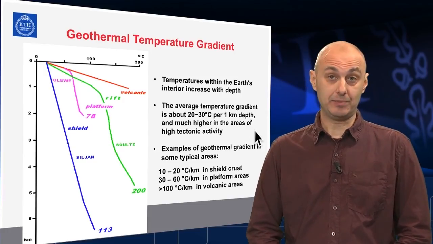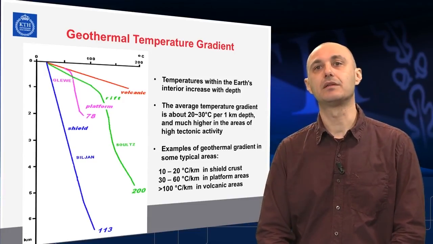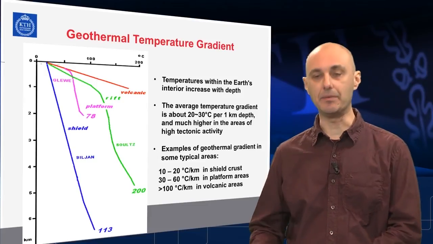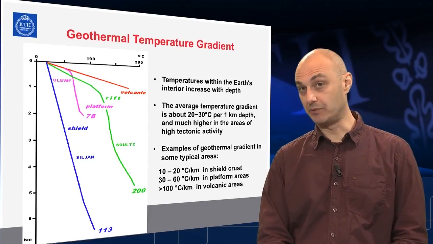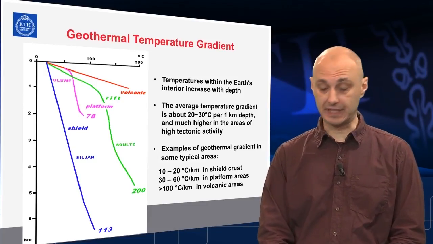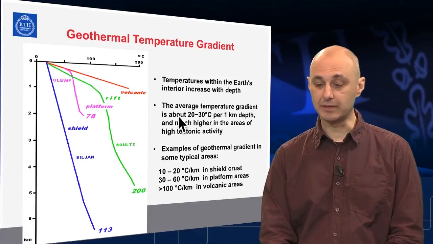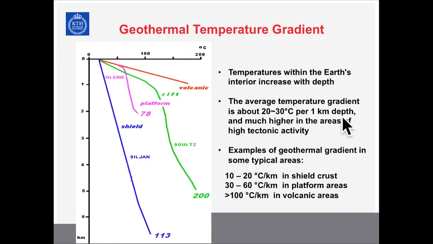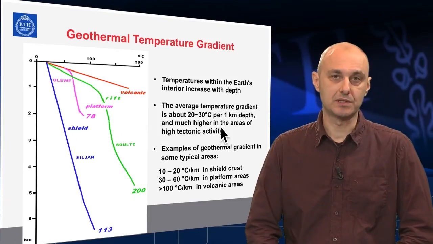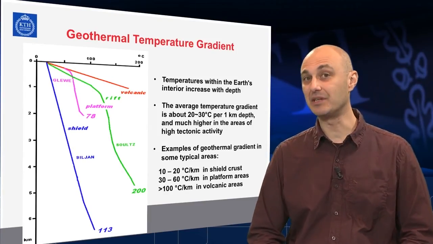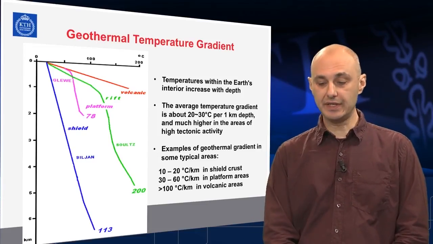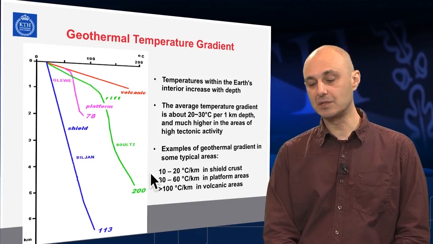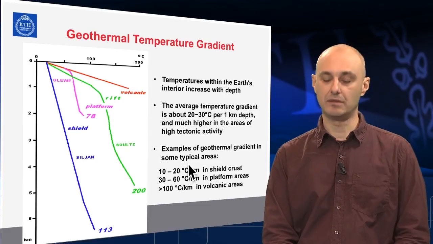In any place on the planet, if we start measuring the growth of temperature with depth, we can actually come up with different results. On a global average, this would be approximately 20-30 degrees Celsius per 1 kilometer of depth. It's not much. And in solid, old, in geological terms, areas, like for example the Scandinavian peninsula, this is pretty low, approximately 10 degrees per kilometer.